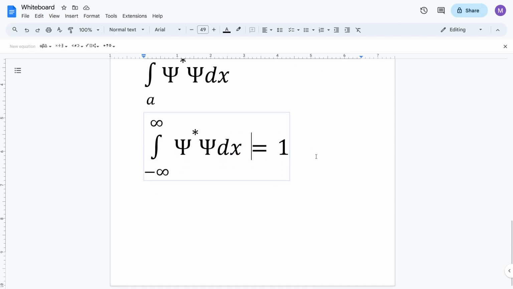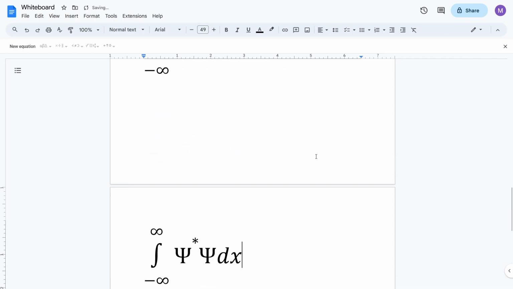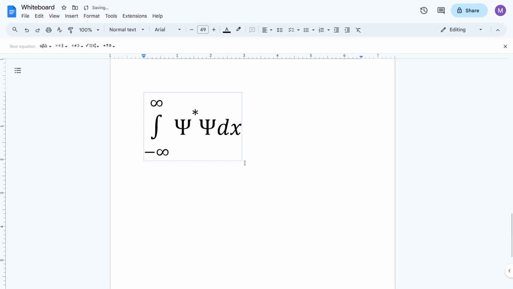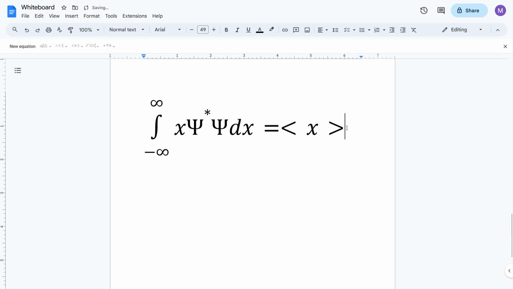Now what we do next is something that I didn't mention in the video until the very end, and that's the expected value. When you add x to the mix right here, what you get is the expected position. Well, not hat, because it's not an operator. You get an expected position of the particle.